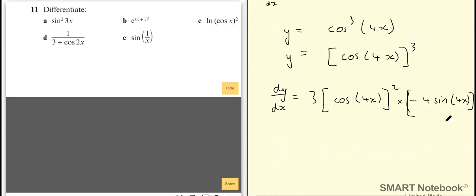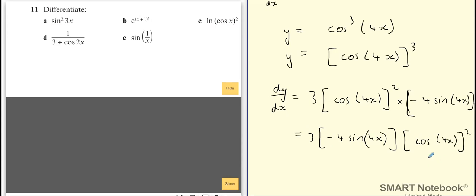Okay, so this is the unsimplified version. And it doesn't matter which order I write in. I could have written 3 times by minus 4 sine 4x, cos 4x squared.